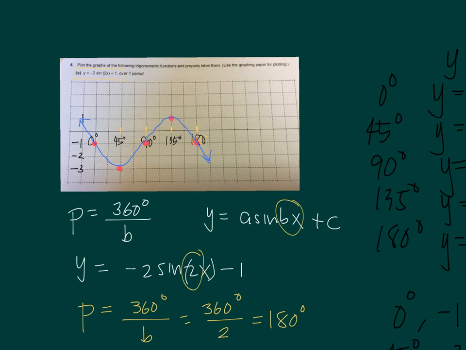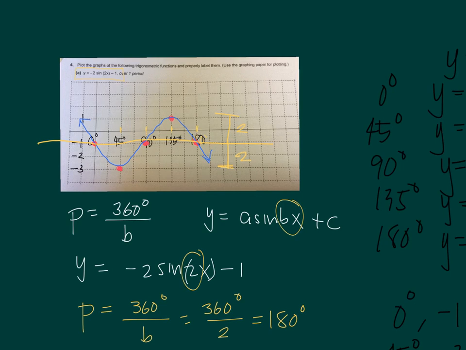If they ask for the amplitude, it is basically the length from the middle, just in case you're curious how to find the amplitude. Note this line is acting like the center of the graph. So the amplitude is basically from this line to the highest, which is about 2, and then down to the lowest, that's about 2 as well.